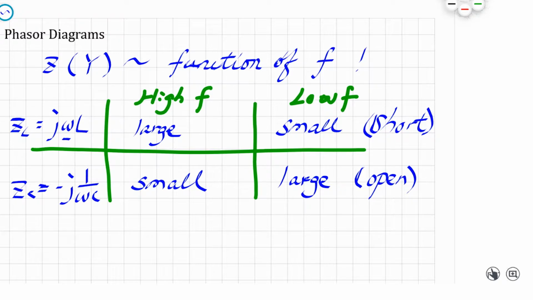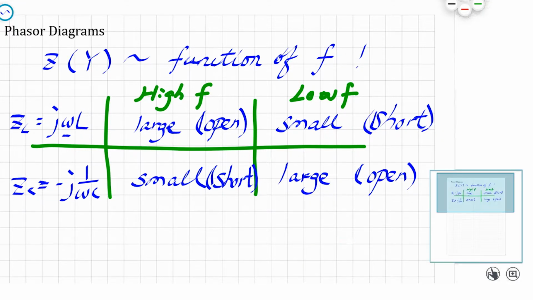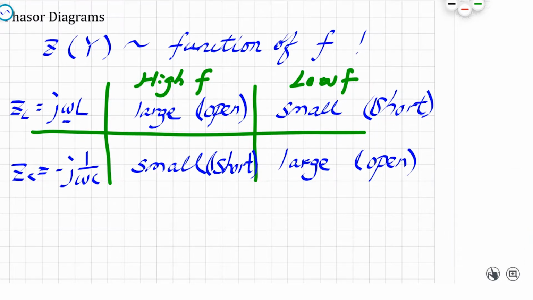So there's a huge amount of impedance there, and again, to an extreme, the inductor behaves like an open, and the capacitor behaves like a short if the frequency is really high. So this is how the elements behave in relation to frequency.